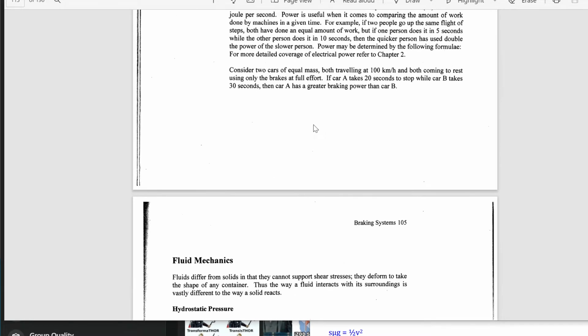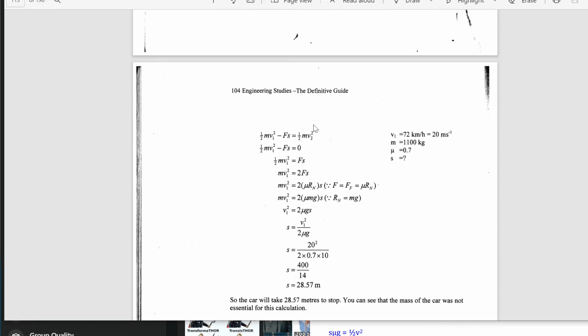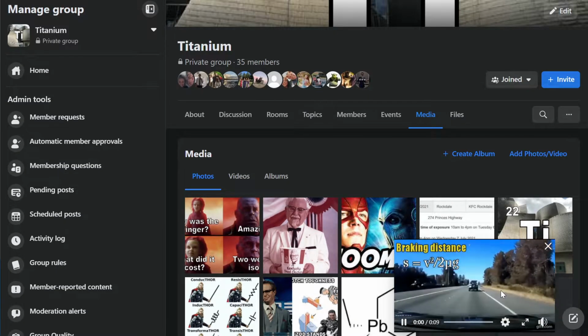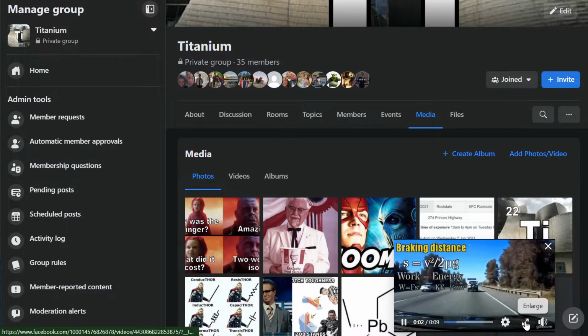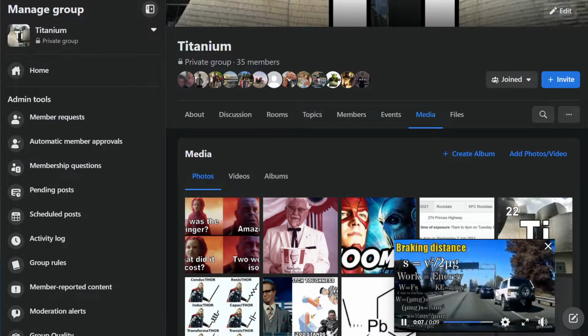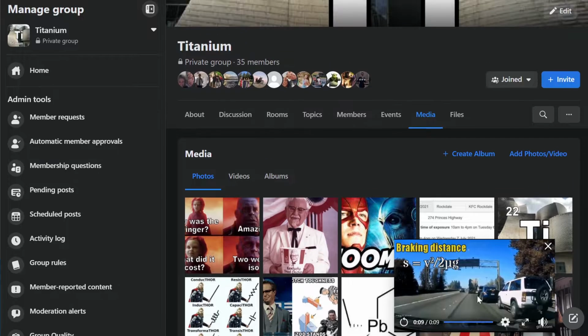Okay, stopping distances. Here we go. So here's how they calculate it. I think the animation you see there relates to this. Can I open this in a new window? I don't actually use any figures here, I just say that this is the calculation. I wonder if I can make this bigger at all.